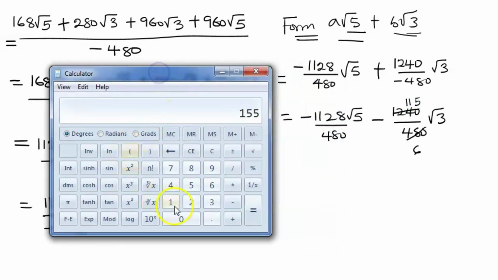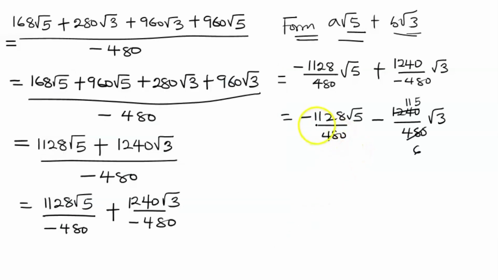In that particular side, we have 1128 divided by 8. Yeah, 8 can also go. That's 141. So 8 here is giving us 141, while 8 here is giving us 60. Should be 60, not 6, because of this 0. Okay, so that's 60.